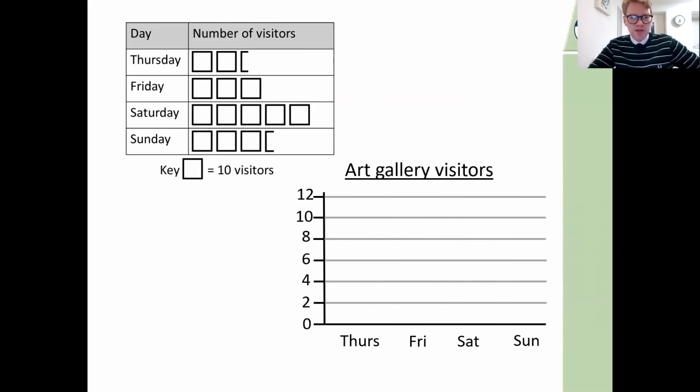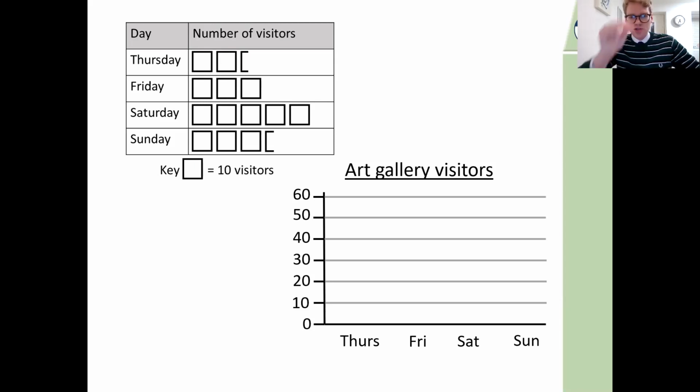Now, if we were going to plot this on a bar chart, what do you reckon? What's the problem with my y-axis there? We're not going to have enough, are we? So we can have some different numbers. Now, yesterday, we were only looking at bar charts where actually we were going up in ones.